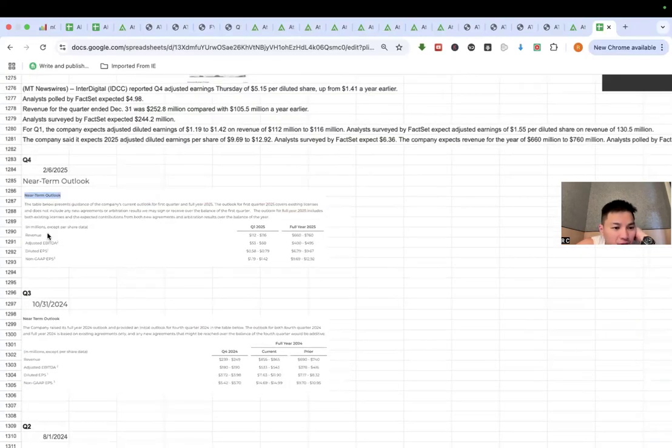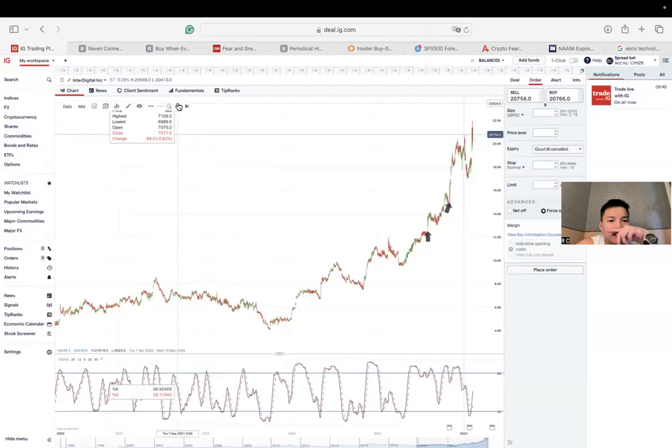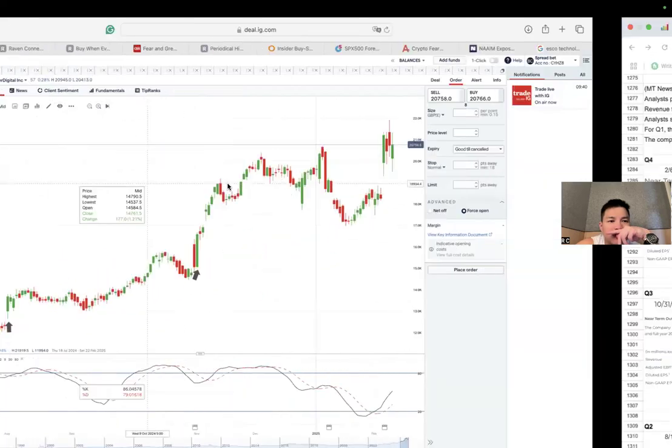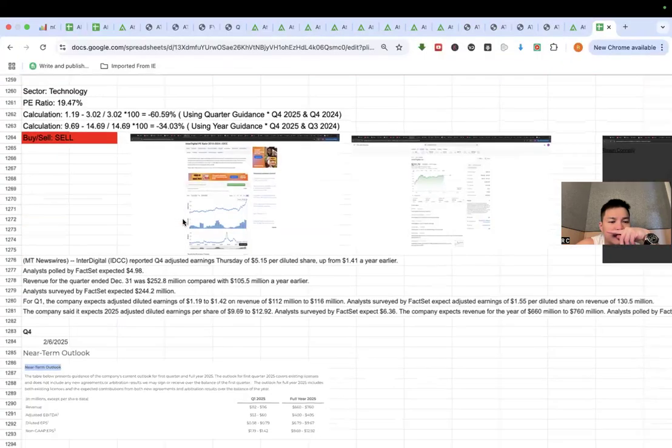Calculation. Revenue rise. Revenue, full year 660. Full year of 855. Hmm. 5331114. This is weird, isn't it? Intel Digital.